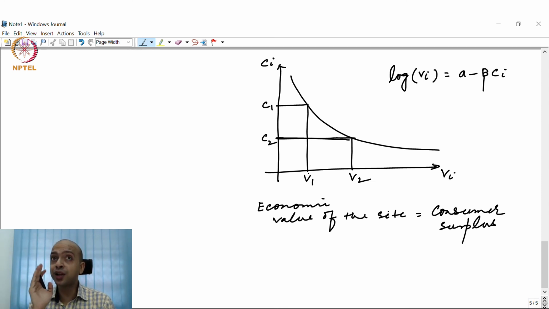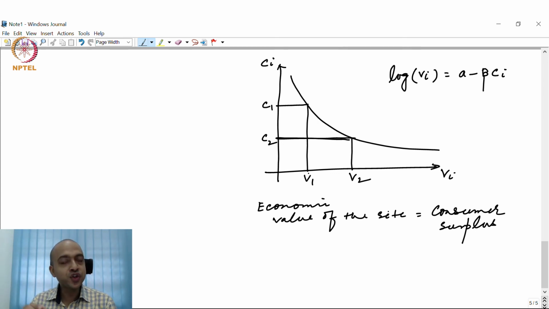This is the economic calculation we make knowingly or unknowingly. So our willingness to pay should be more than the quoted price for a transaction to happen. Otherwise, we will never purchase that product, and we will never make a trip to that particular site.